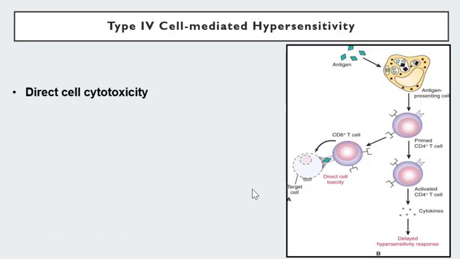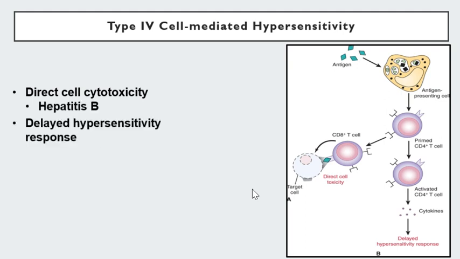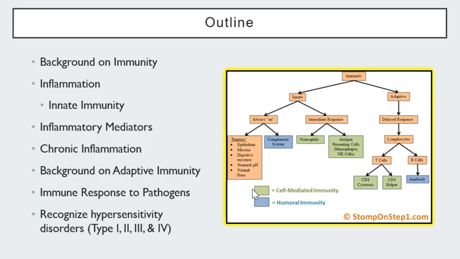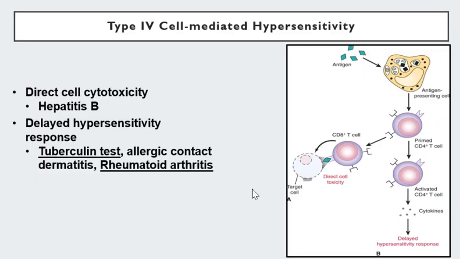Okay, with type 4 cell-mediated hypersensitivity, what's going on is direct toxicity due to T cells. These are things like hepatitis B, the tuberculin test, and allergic contact dermatitis.